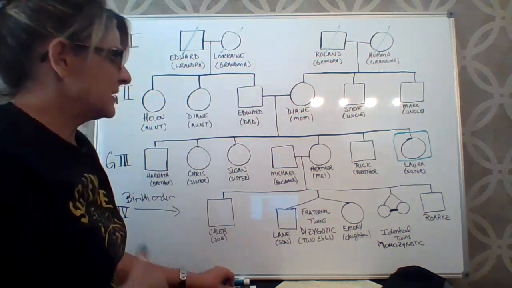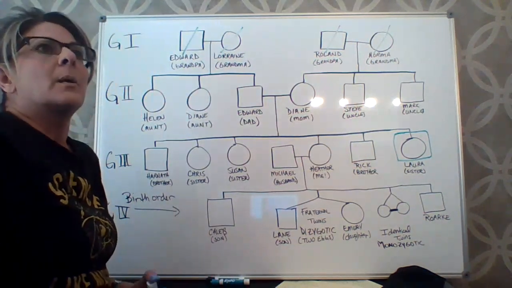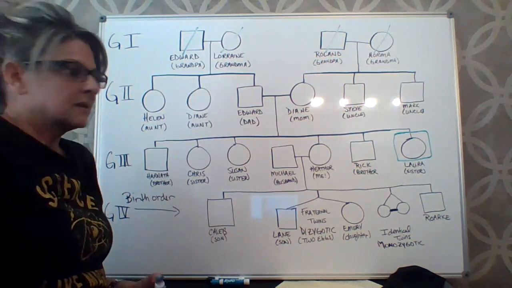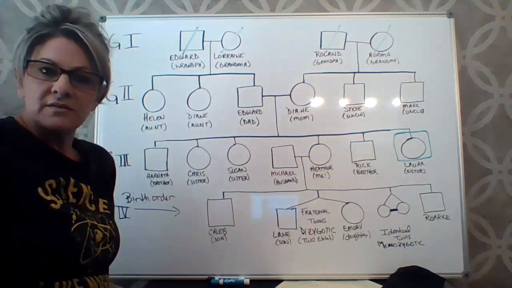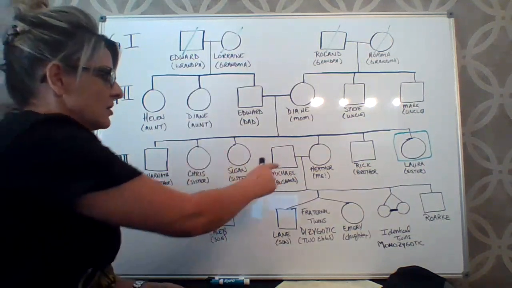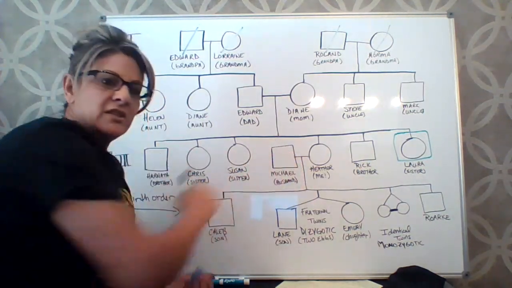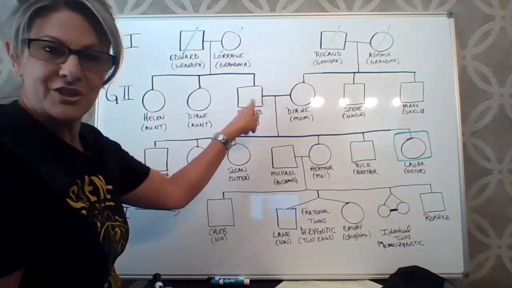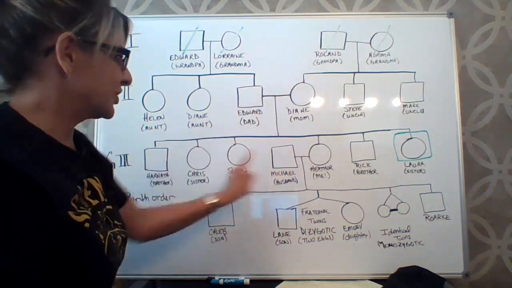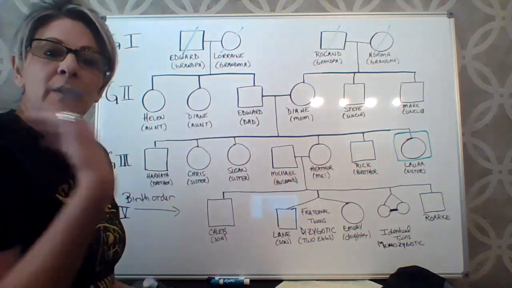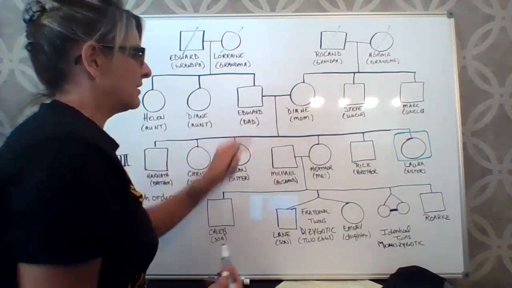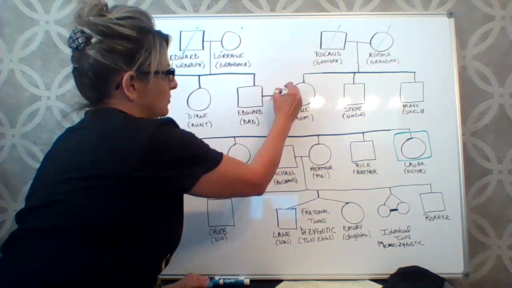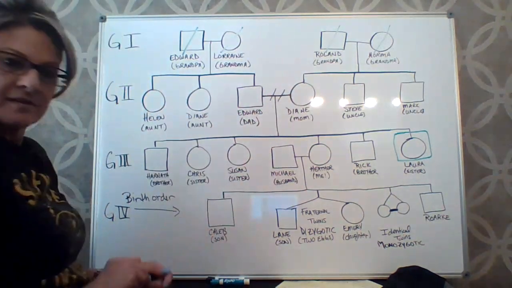Now, there also may be some other exceptions. Maybe your parents, like my parents, have divorced. It doesn't mean that this marriage didn't happen, and that these children didn't happen. But we want to maybe represent that there has been a divorce. So on that marriage line, I am going to draw 2 hash marks.